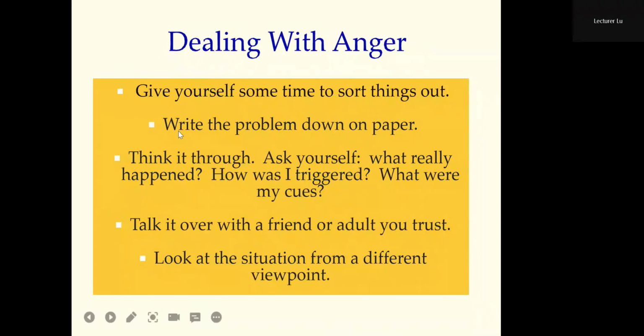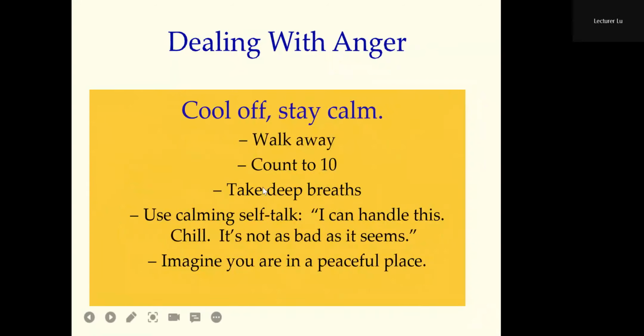All the tips on this page are things you can do when you have calmed down. And the other tips are things you can do when you are feeling anger, when you feel like maybe you can't control yourself.